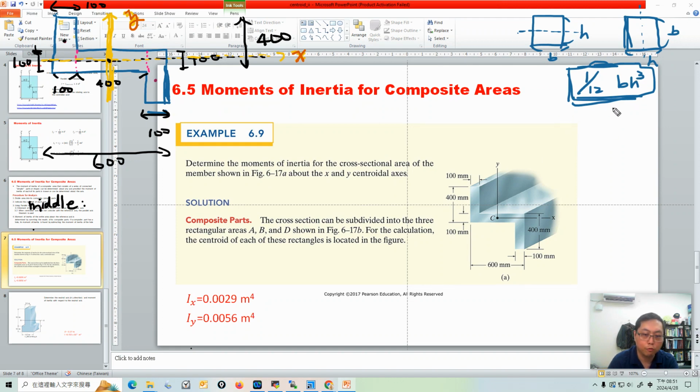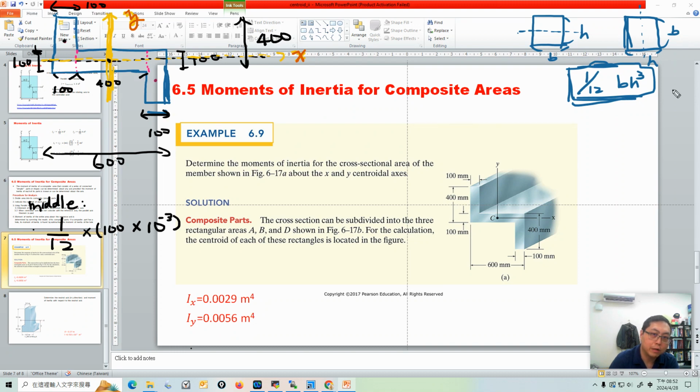Just use this formula: it's 1 over 12 B H cubed. But be careful, what is your B and what is your H? Right now we are calculating with respect to the y-axis, so B is here. B right now is 100 millimeter, and your H is 400.